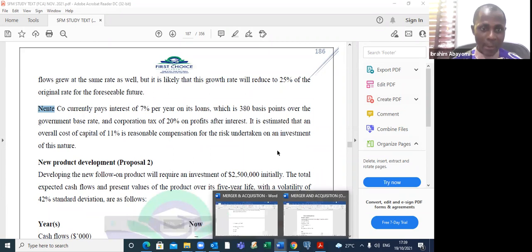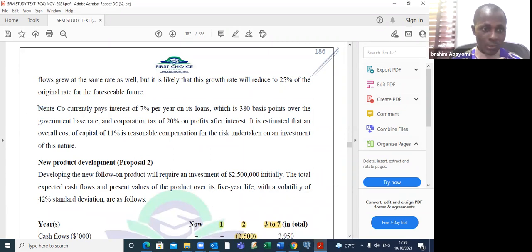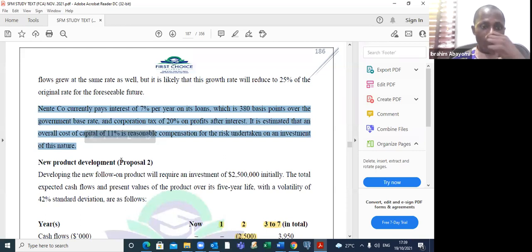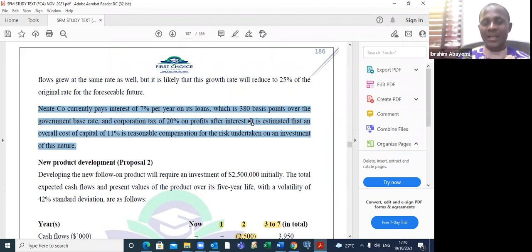So we want to obtain our risk-free rate. Look at this paragraph here. Netico currently pays interest of 7% per year on its loan, which is 380 basis points over the government base rate. The government base rate is the risk-free rate. So Netico's normal source of borrowing is 7%, and that 7% borrowing rate is higher than the government base rate by 380 basis points.